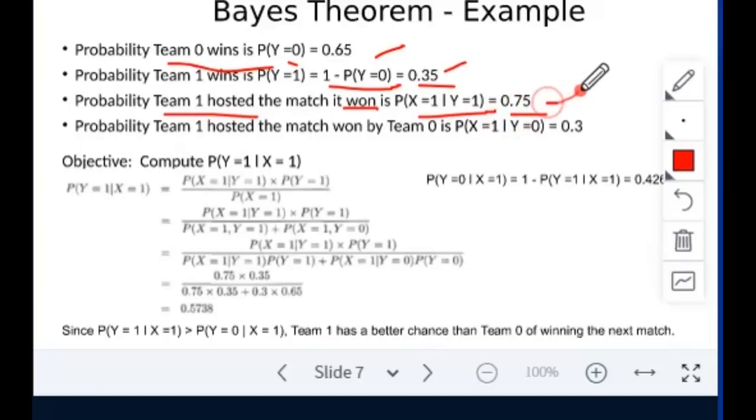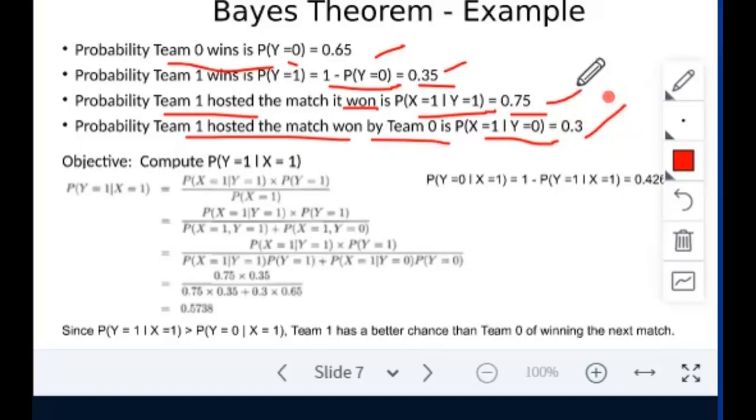All these are given in the scenario. The probability that Team 1 hosted the match won by Team 0 is 30%, already given. So that is P(x=1 given y=0), that is 0.3.